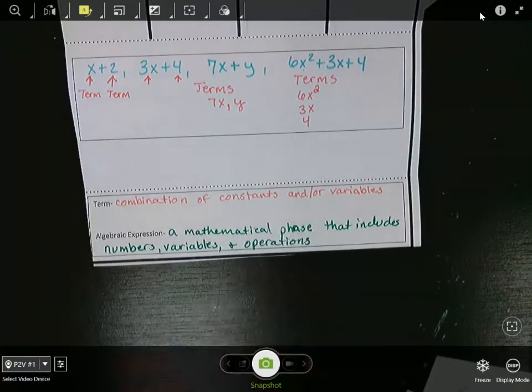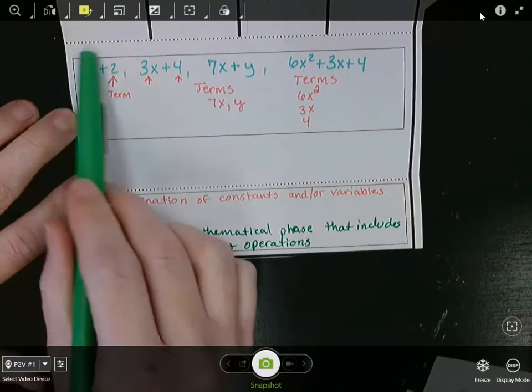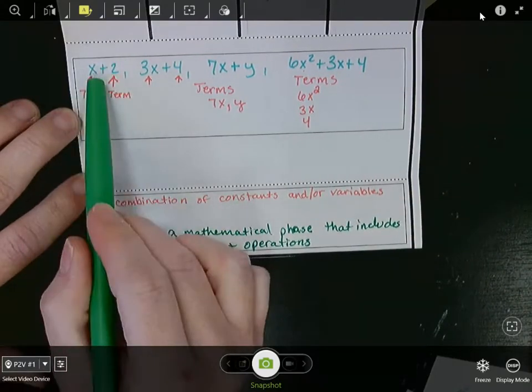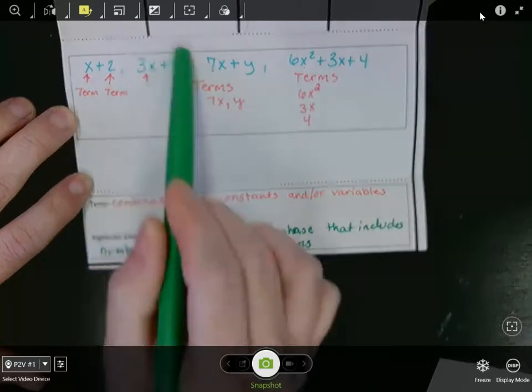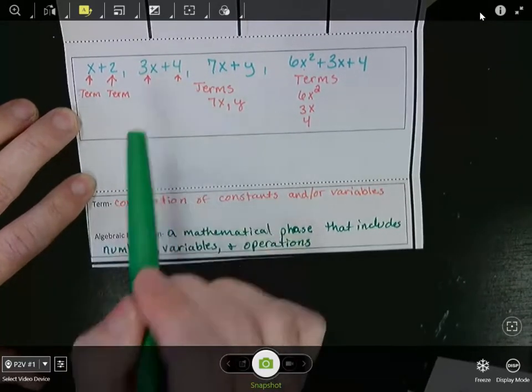Numbers, variables, and operations. All right. So, for instance, x plus 2, this whole thing is an algebraic expression, but x and 2 are the terms. 3x plus 4 is the algebraic expression, 3x and 4 are the terms.